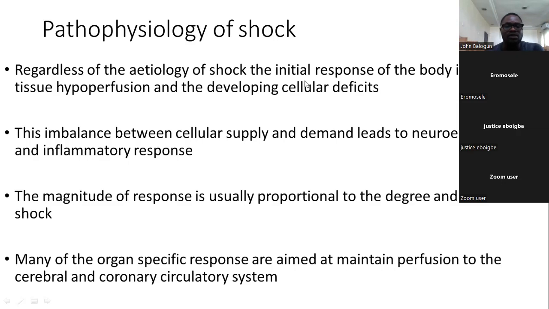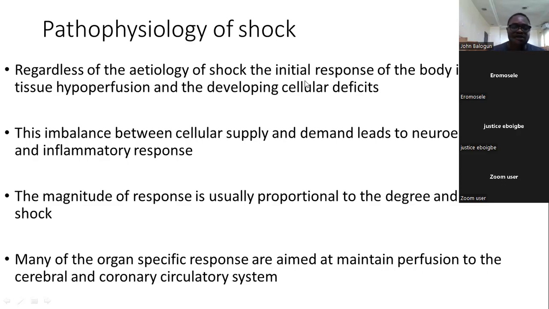So once there's decreased perfusion, there's decreased oxygen supply, and there's a cellular deficit. That means, let's say the cell requires 40 ATP to survive, and the amount of blood getting to it can only supply 20 ATP. Automatically, the body will have to find another means of generating at least 10 extra ATP.